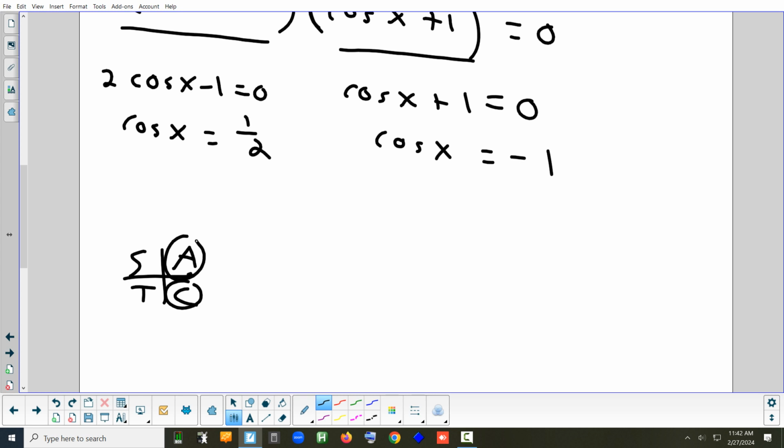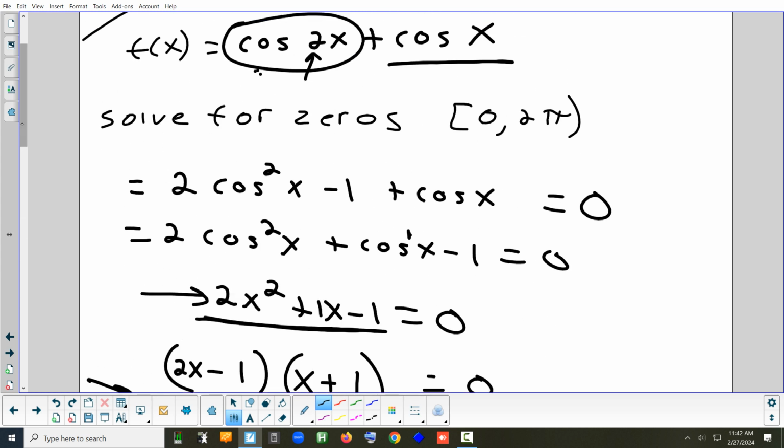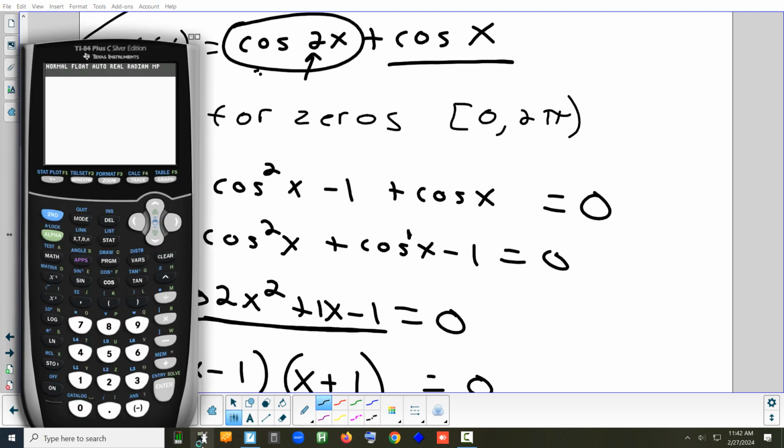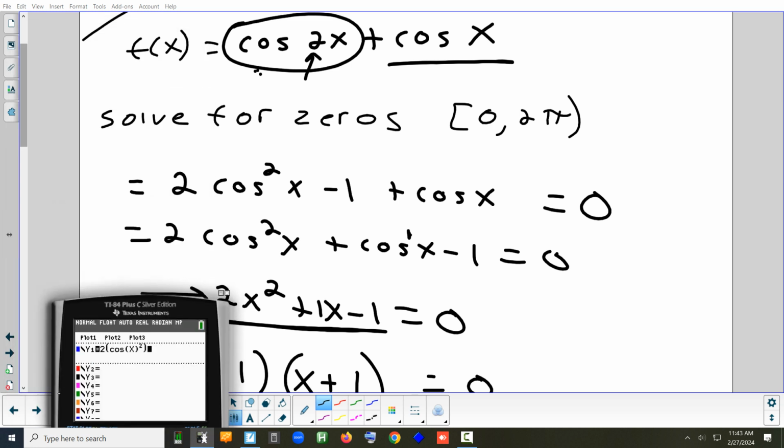Okay. We can check it real quick. I don't want to spend a ton of time because this is tomorrow's stuff. Cosine of x squared. I think that's how I want to type it. Was there a 2 in front? Yeah, 2. And then minus 1. And then plus cosine x. I need to set my window first, 0 to 2 pi.